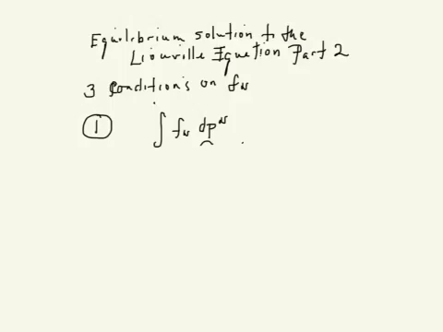If we integrate Fn over all momentum space, then we should get simply the configurational function, and this is called a contraction.